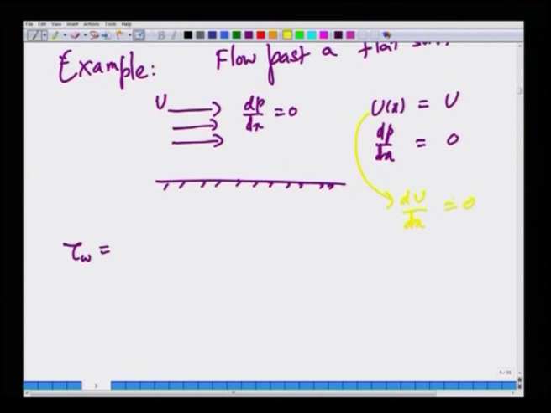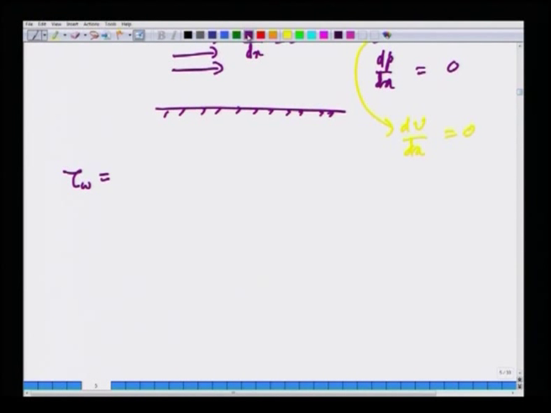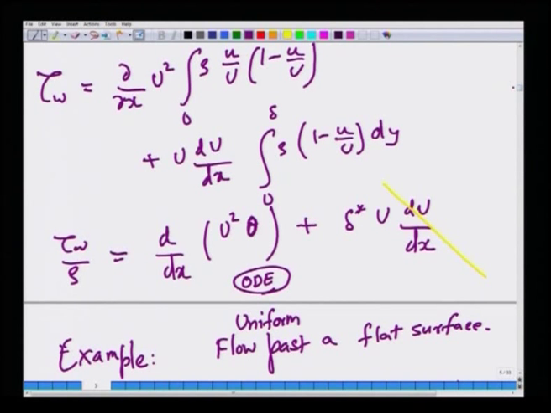So, the wall shear stress expression just written here, this term will go away, because dU dx is 0. So, essentially what you will have is tau w by rho is d dx, sorry, we will just have this expression. Since U is constant, you can pull this out also.